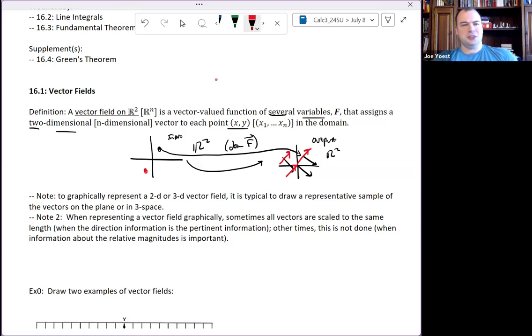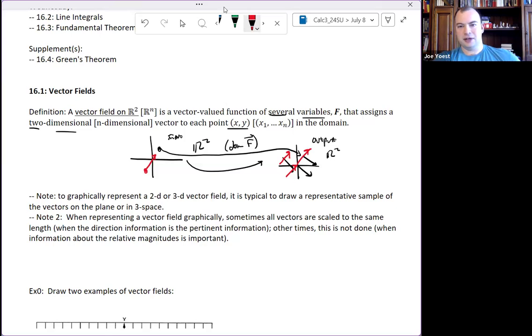But since I can move my vectors around, I can overlay my output space on top of my input space. In other words, for this red point taken as an input, I can place the initial point of the vector at that point and just draw the vector in the input space over here.